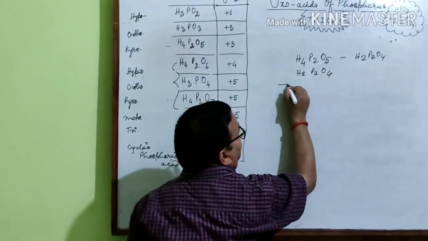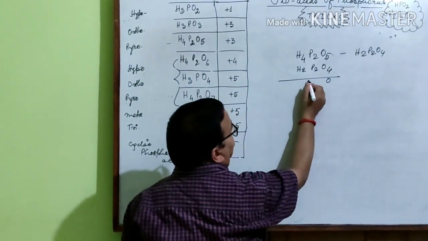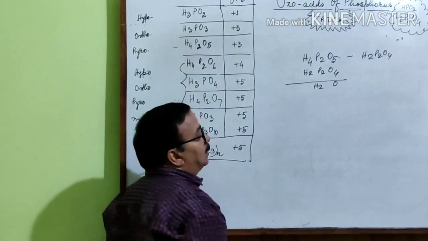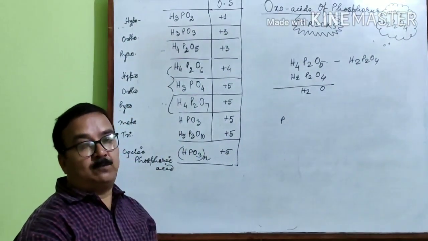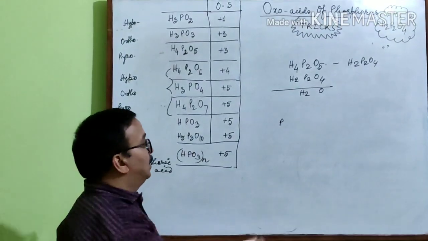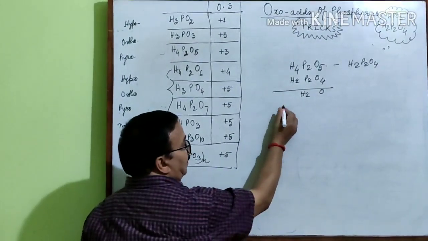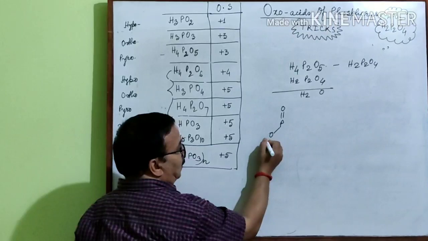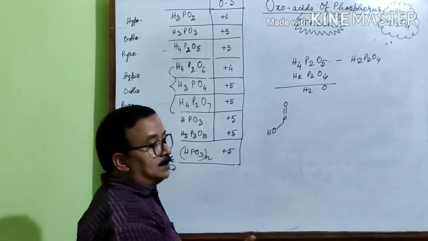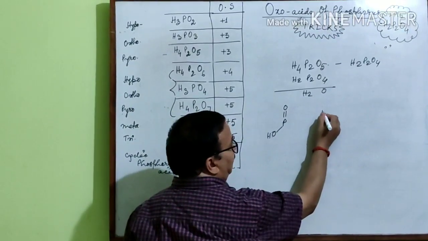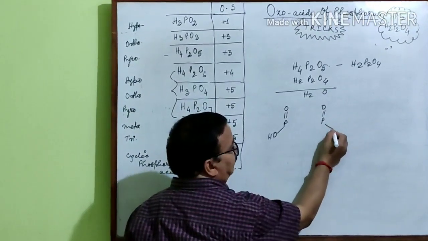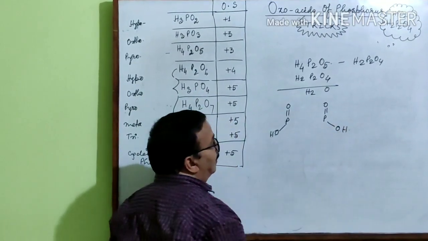What is remaining here? 1 oxygen and 2 hydrogen. For each phosphorus atom, the basic unit will be HPO2. So here a double bond is there, 1 OH bond is there. For the second phosphorus atom, again the basic unit is HPO2.